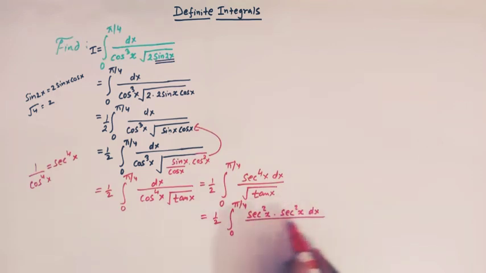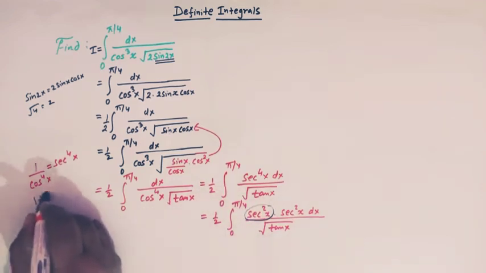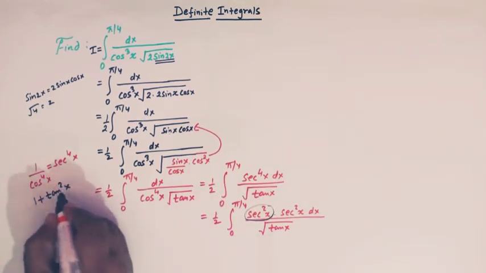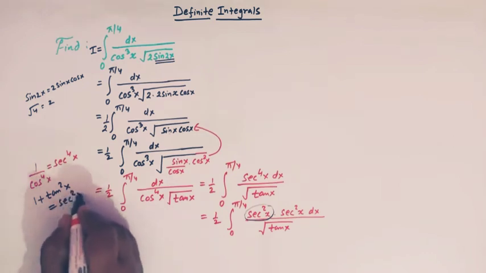In the next step we are going to use the substitution method, and we will put t equal to tan x. Now one sec square x can be replaced by 1 plus tan square x, that is sec square x.